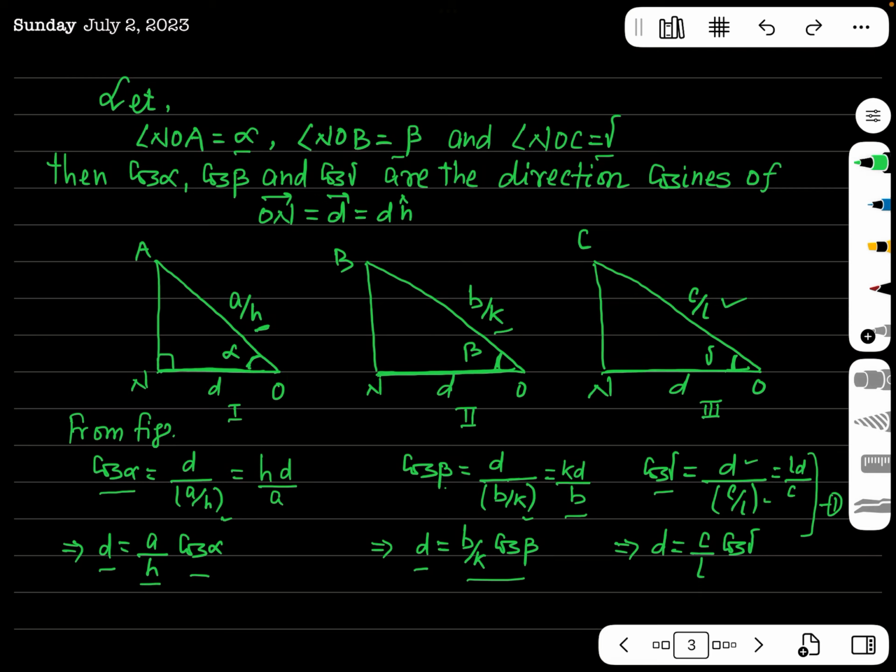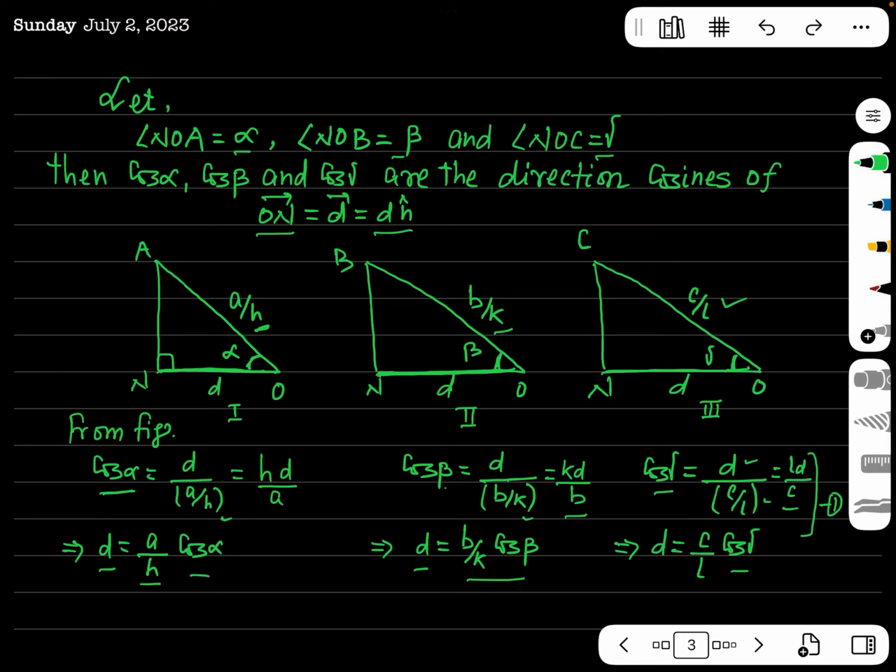So cos gamma is d by c over l, which can be written as ld divided by c, and so d will be c by l times cos gamma. In this way, in this equation, we have defined the three direction cosines cos alpha, cos beta, and cos gamma of the vector d, which I have written here.